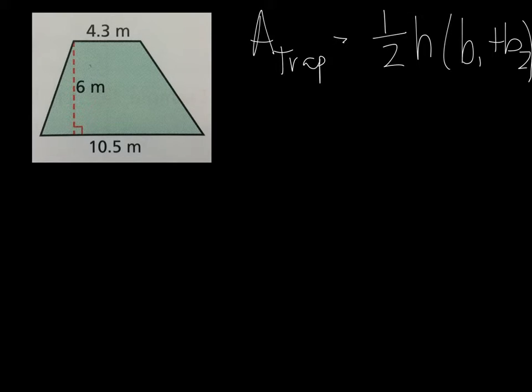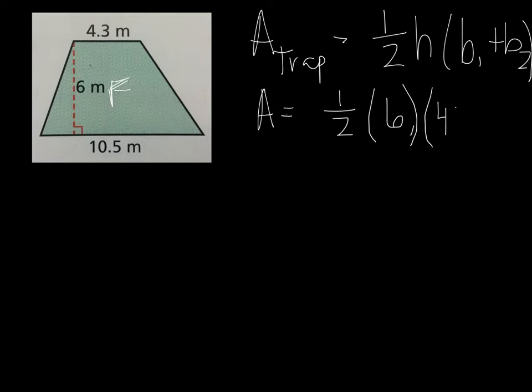All right, so now I'm going to continue on by doing my capital A, which always means area, equals 1/2 times the height, which is this 6 right here, the height of my trapezoid. So I'm going to multiply it by 6. And then I'm going to add my base 1 and base 2.